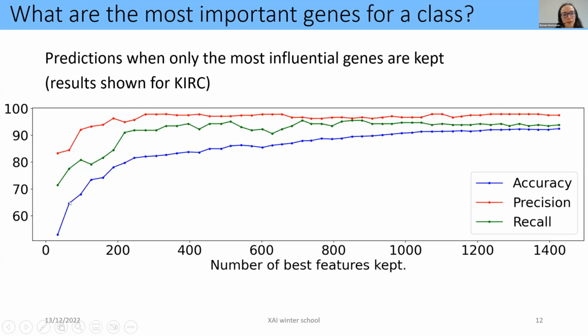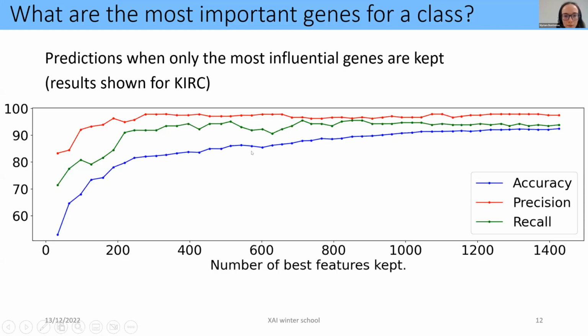For the second point we kept 2 features per class, and etc., until 50. And so we can see that with only the best features, the accuracy of the model on the test set is quite low.